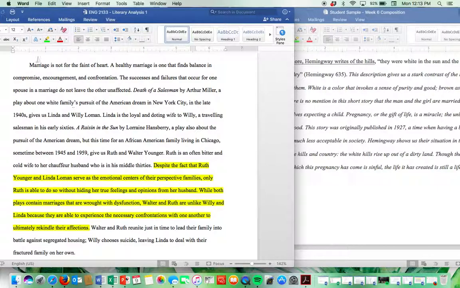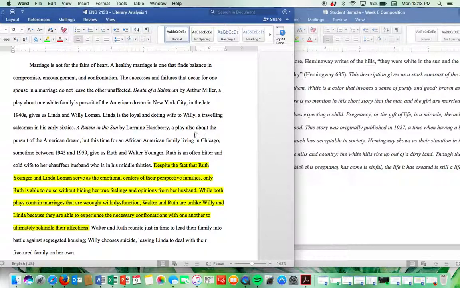So we've started here by opening up the topic of marriage. And you'll note that this paper does not talk about marriage as a topic, but talks about marriage specifically within the texts that this person is going to be discussing, which are Death of a Salesman and A Raisin in the Sun. So that's very important. We'll talk about that in a minute.